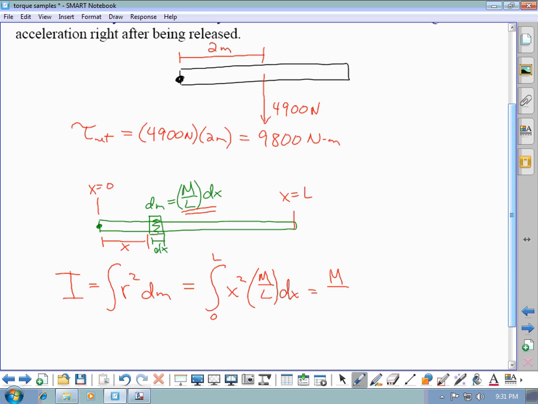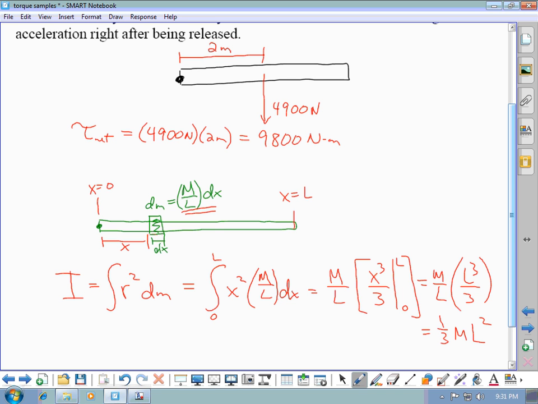And I'm going to integrate this from x equals 0 to x equals L. So this gives me m over L times the integral of x squared, which is x cubed over 3, and I evaluate that from 0 to L. So this gives me m over L times L cubed over 3, and so that gives me 1/3 m L squared.